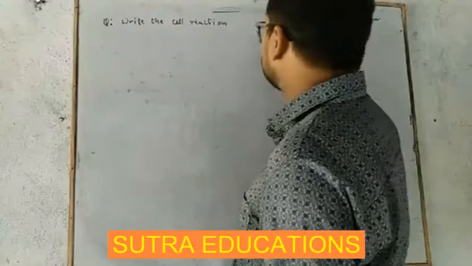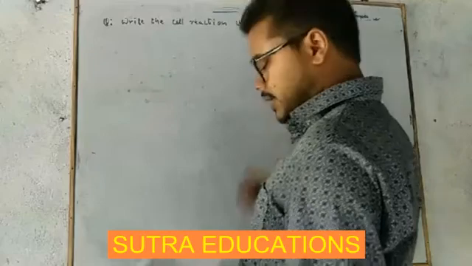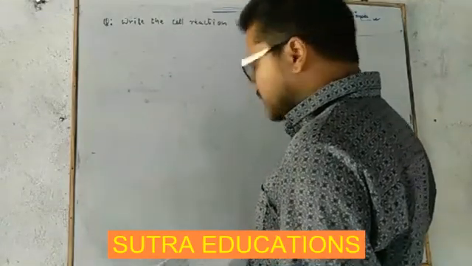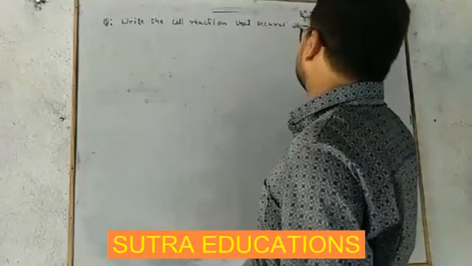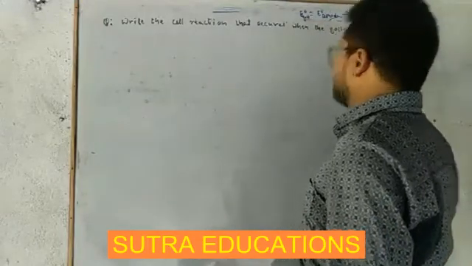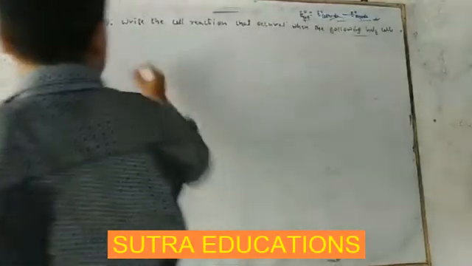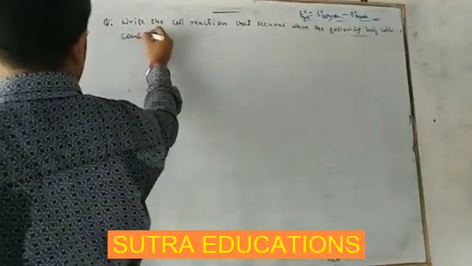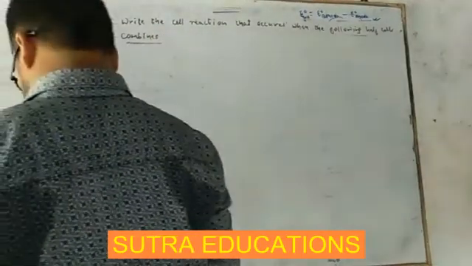Write the cell reaction that occurs when the following half cells are combined. Half cells are given.